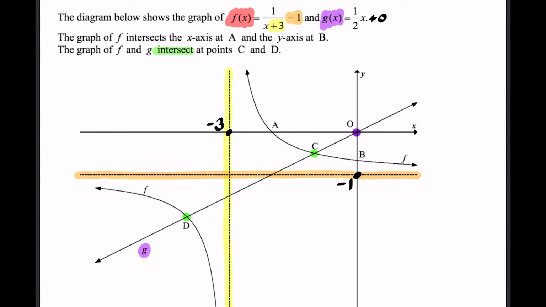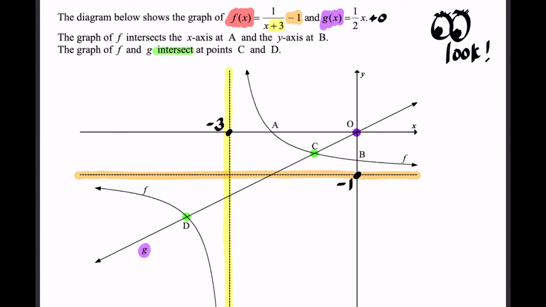Remember, I always recommend that you look at your diagram. Why? Because you can tell whether you have a positive or negative a value, you can tell the shape of your graph, the direction of your graph, and whether an intercept must be positive or negative based on where it lies on the graph. You can see points of intersection.